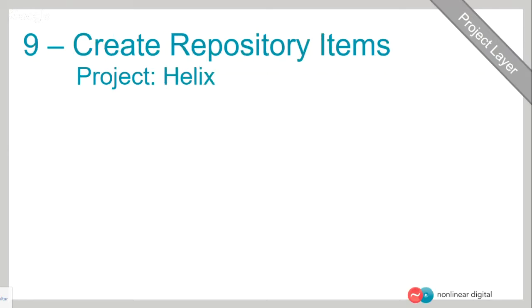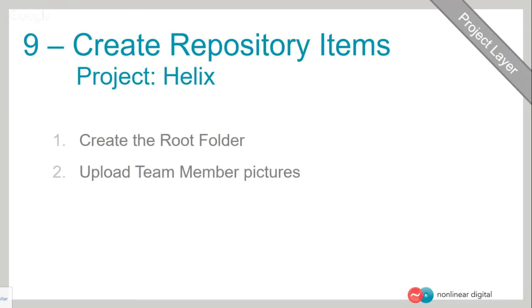Okay. Step 9, creating the repository items. So let's just create some items there. The root folder, upload some team member pictures to the media library, and add a couple team members below it. So where is that?